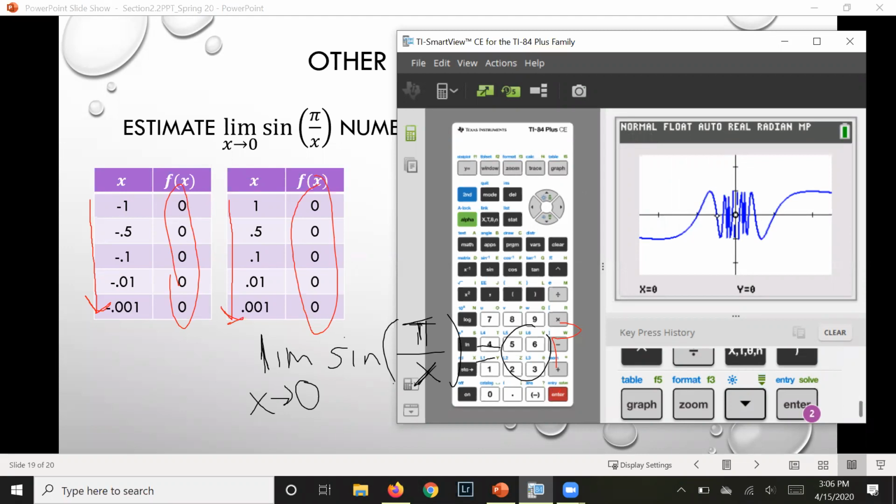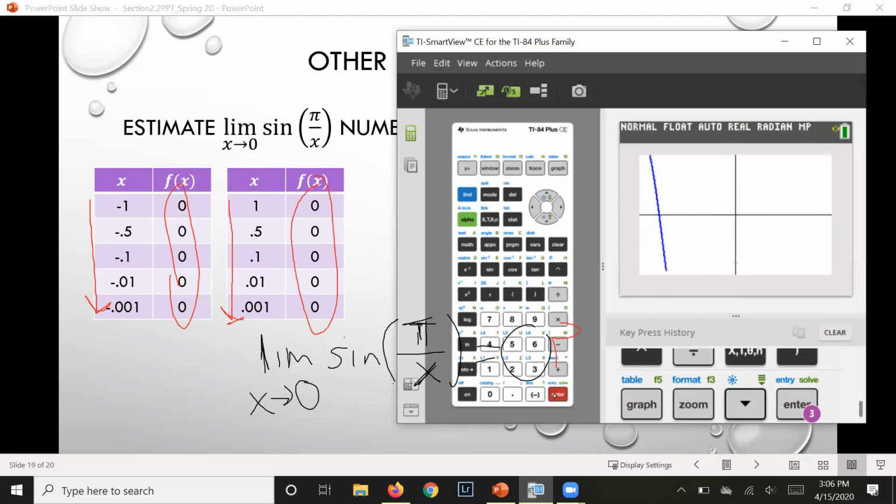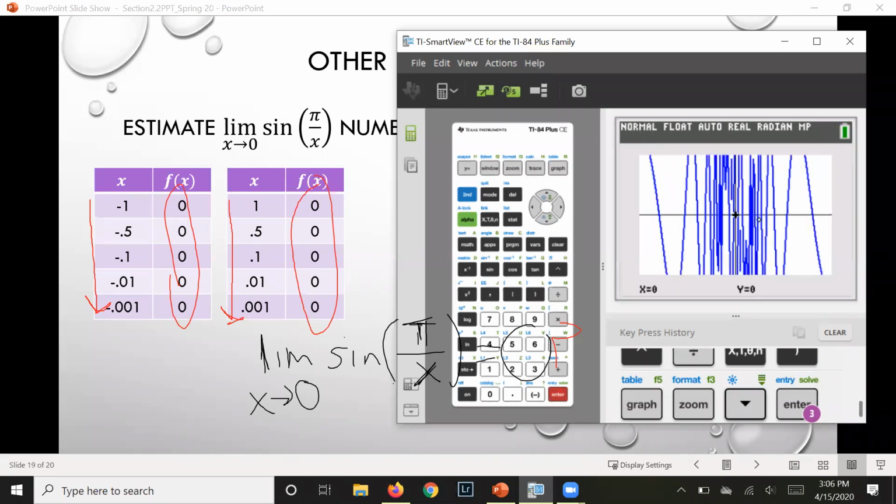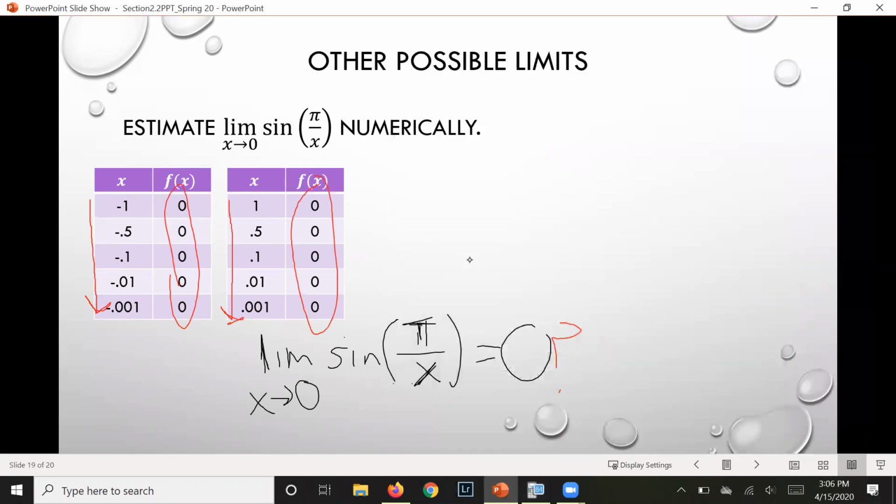So we see some points here on the graph where the outputs are 0. As we get closer and closer, there seems to be this crazy oscillation thing that happens. And if we zoom in even more, you can see it gets even more crazy. So it looks like the outputs are not really approaching any particular value because they oscillate so quickly. So this one, my friends, would be another one that is in fact not 0, but this is where the limit does not exist.